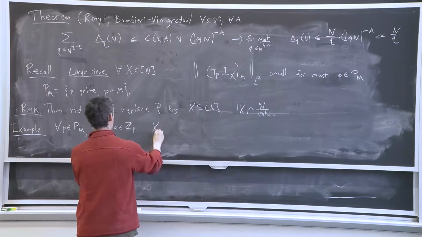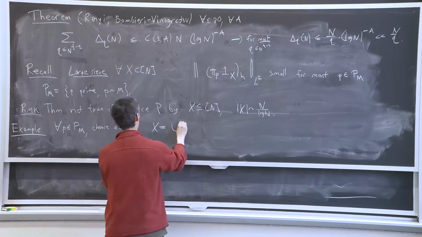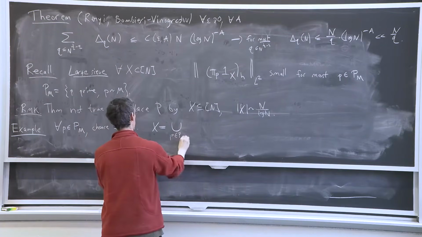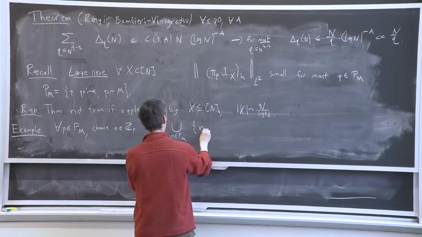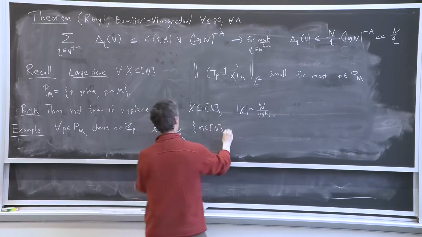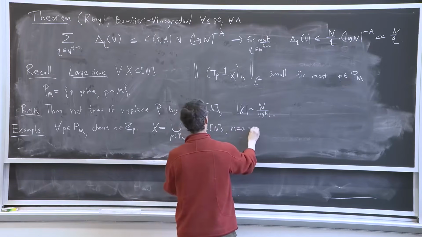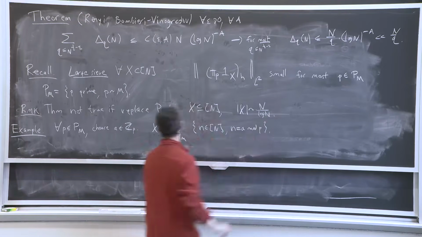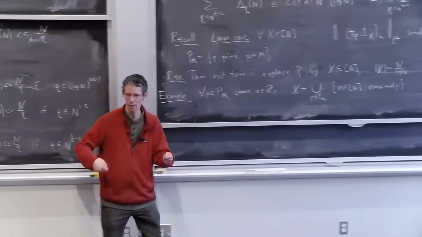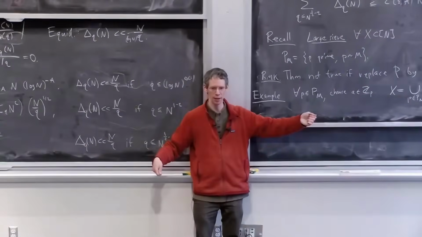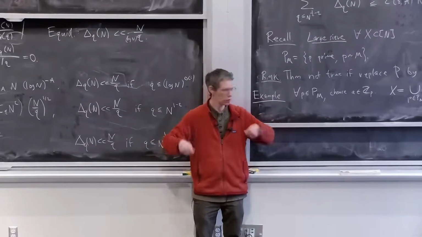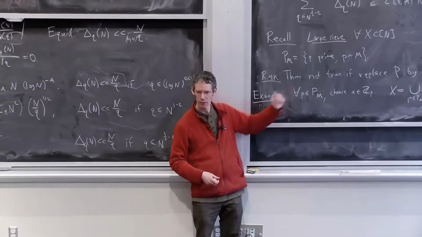And then my set X is going to be the union over all the primes of the set of n up to n so that n is equal to a mod p. So for each prime, I pick a moduli class. I take all the integers in that moduli class. And I take a union over all the primes in my set of primes.